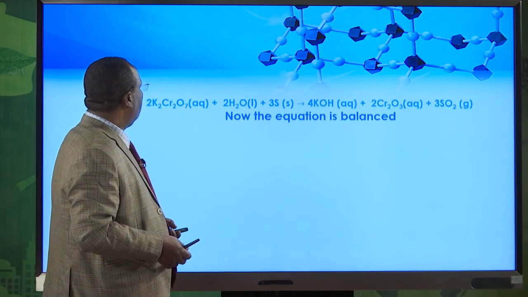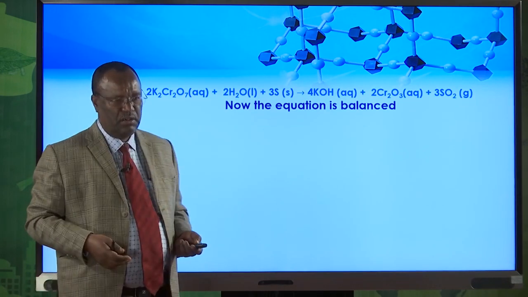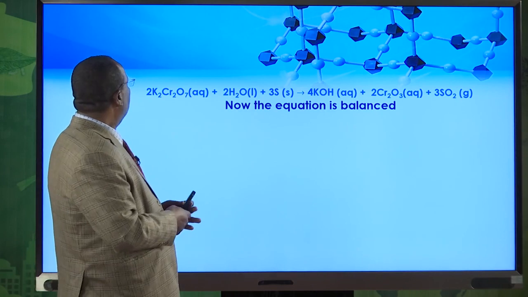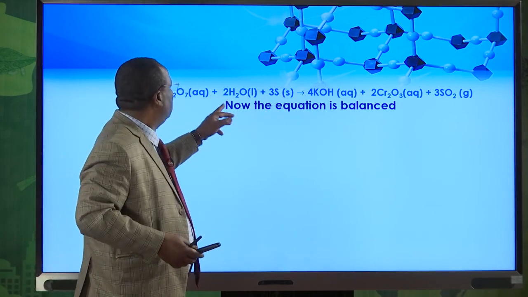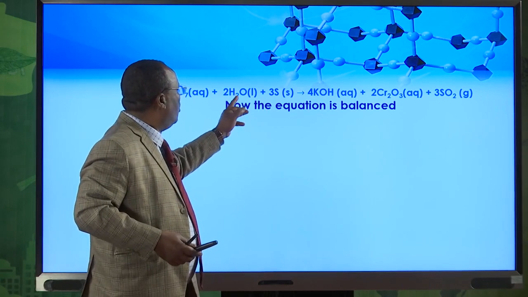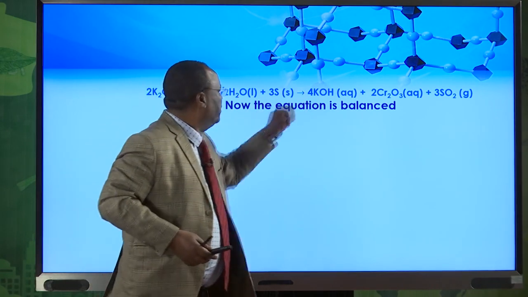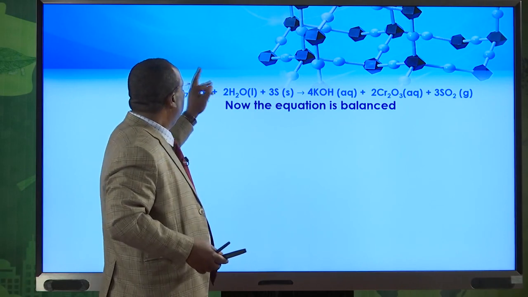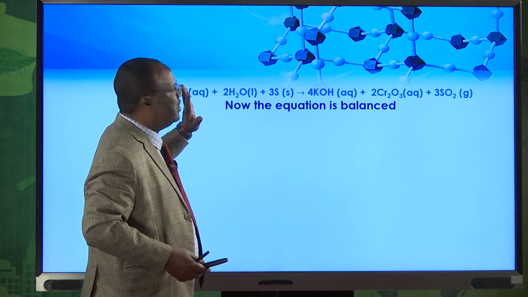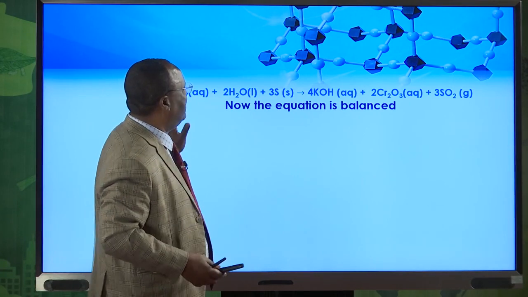So let us check by writing the coefficients in front of these formulas. 4, 4. Now, here you have 4 oxygen, 4 hydrogen. Here you have 2, 14, 16 atoms of oxygen on the reactant side.